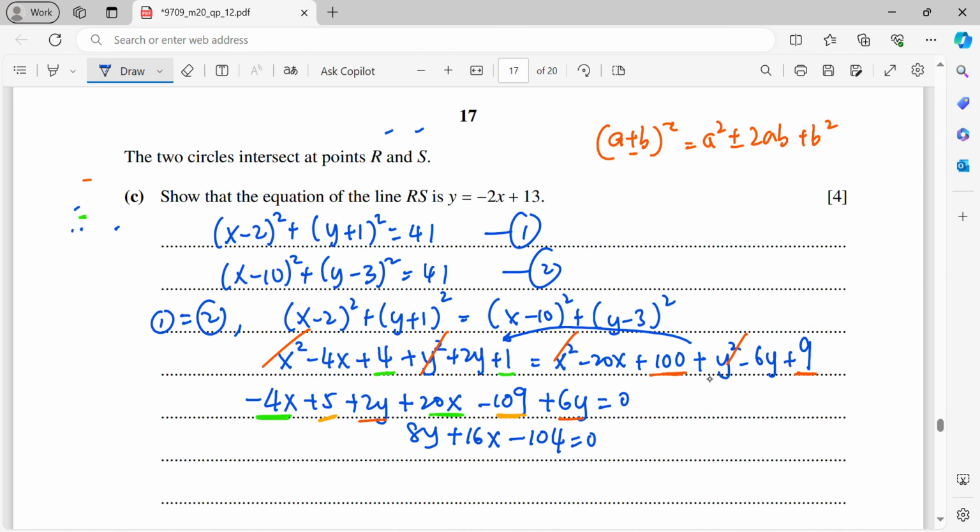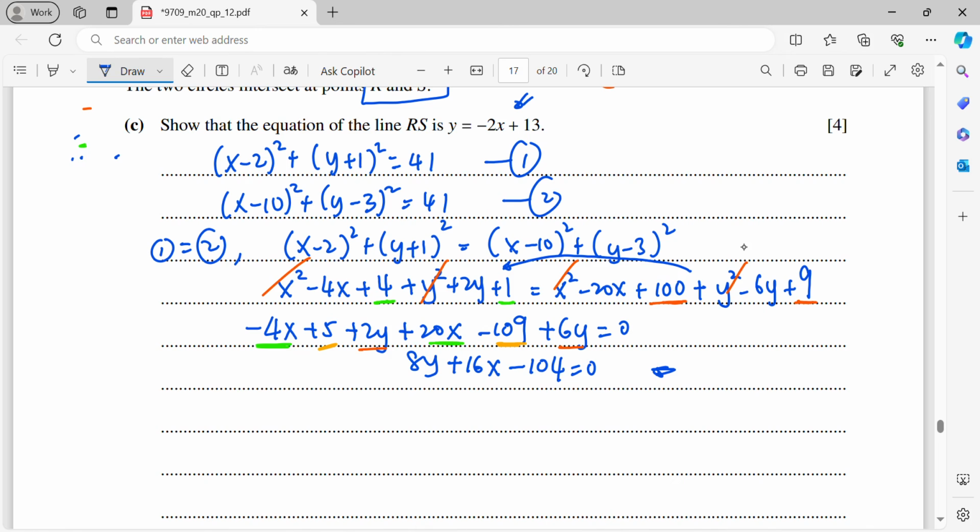Now, if you can solve this equation, that means you are getting the points R and S. Okay, so then you want to show that the equation of the line RS is this. So I need to get y as the subject. So from here, basically, we are not able to solve x and y, right? So we are not interested to get the points R and S. So what we need to show is just this equation.